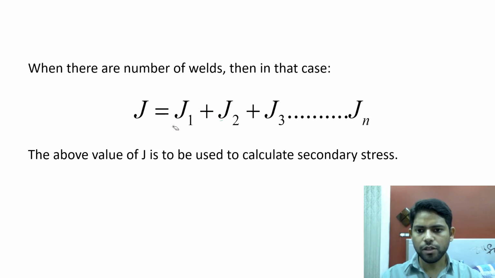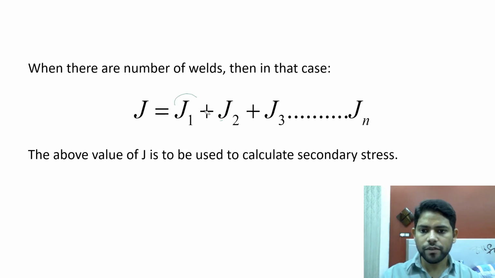So first of all, you are going to calculate the polar moment of inertia of the first weld about its own center of gravity, and similarly you will calculate the polar moment of inertia for all the welds about their own centers of gravity. Then you are going to use the parallel axis theorem in order to calculate the polar moment of inertia of all the individual welds about the center of gravity of all the welds, and then you are going to add all these quantities.